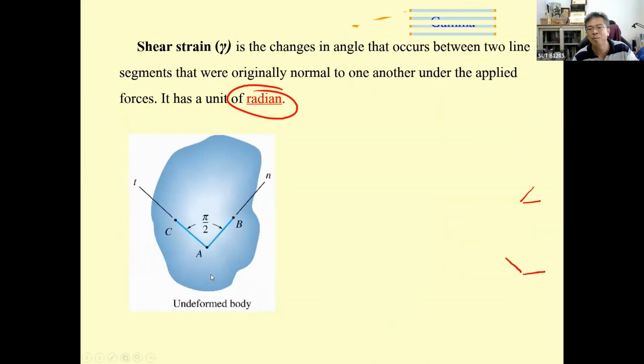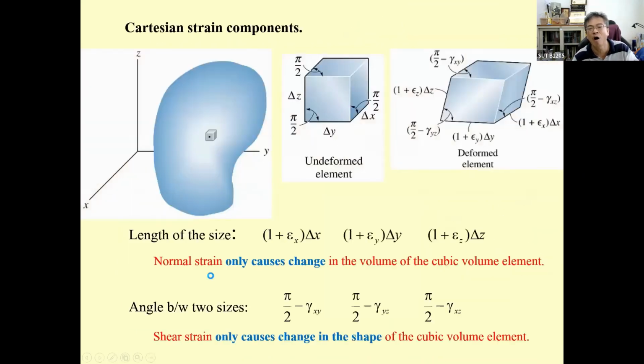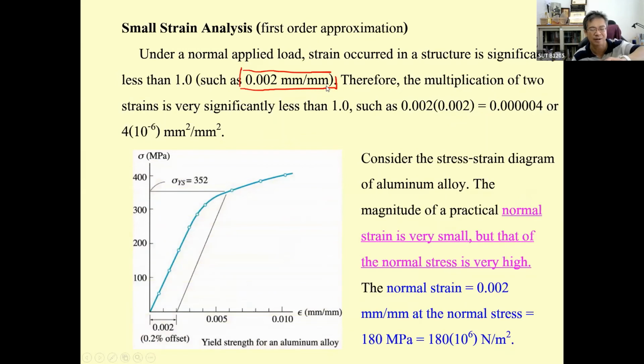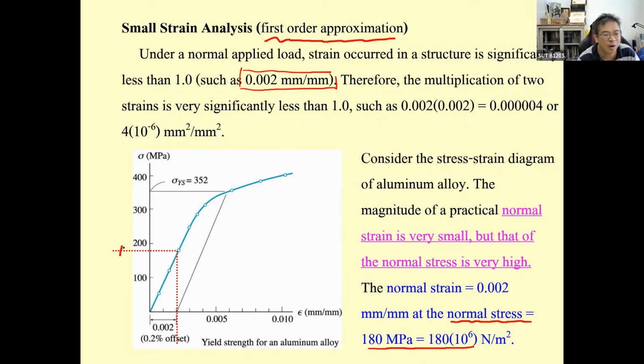So when you multiply very small numbers together, it's going to be very small. Okay, so we have a first order approximate analysis for this kind of thing. Here the normal stress that we measure at this point is about 180 megapascal.